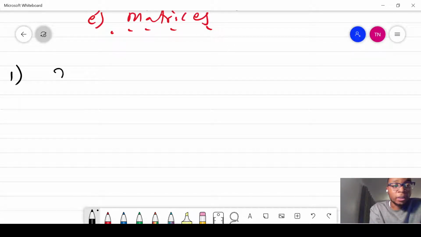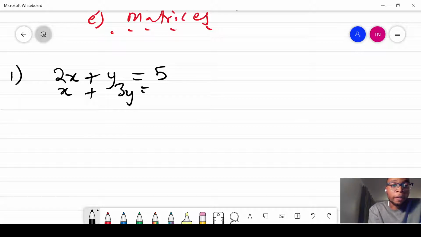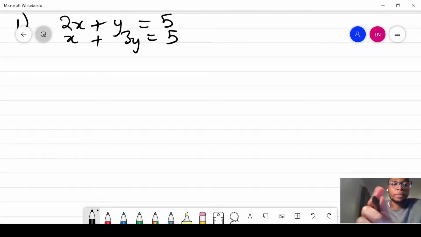The first example is 2x plus y equals 5, and x plus 3y equals 5 also. We're going to solve this using those different techniques.